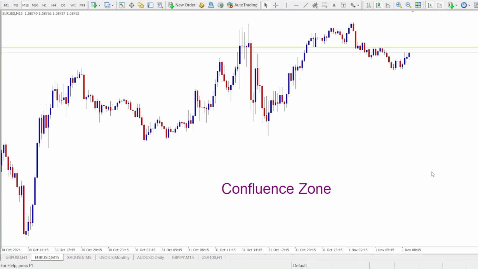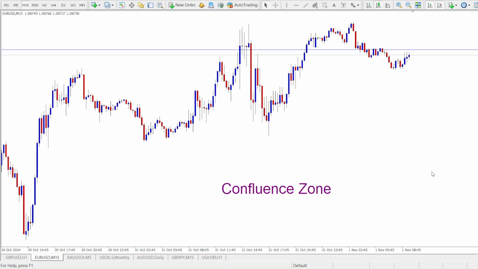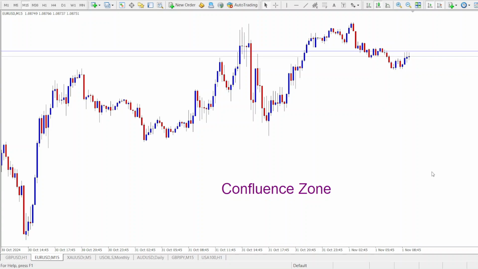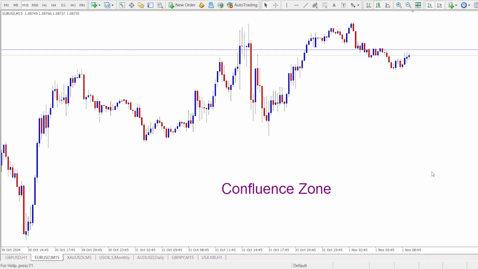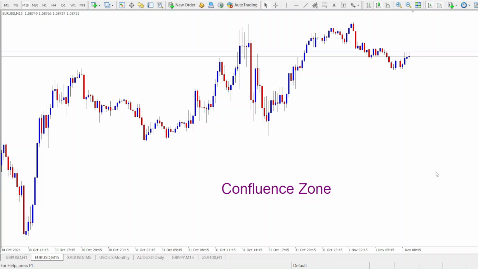In this video, we're just going to be looking at a few, but it doesn't mean those are the only indicators that give you a confluence zone. Basically, so long as you have more than one indicator giving you the same signal, you have a confluence.